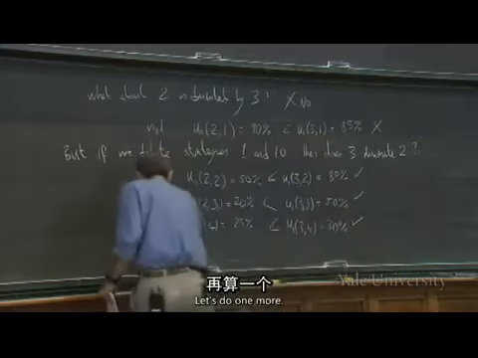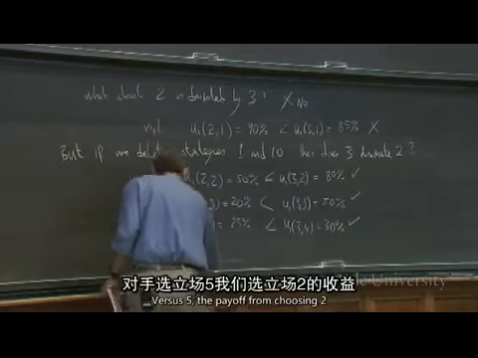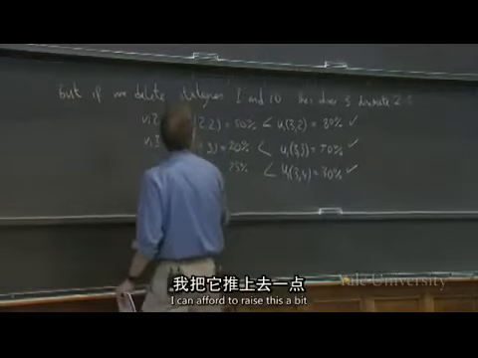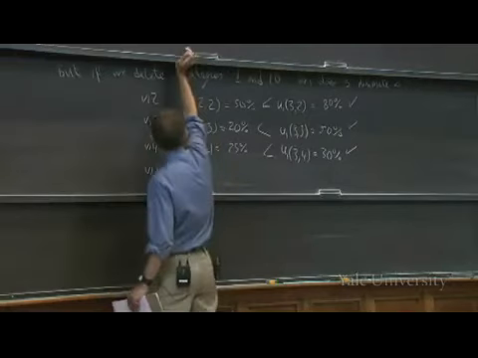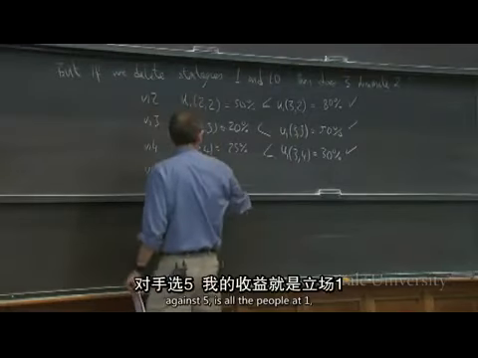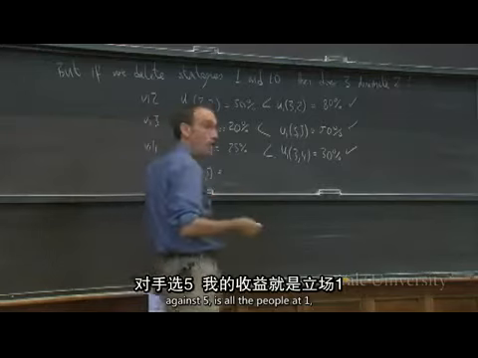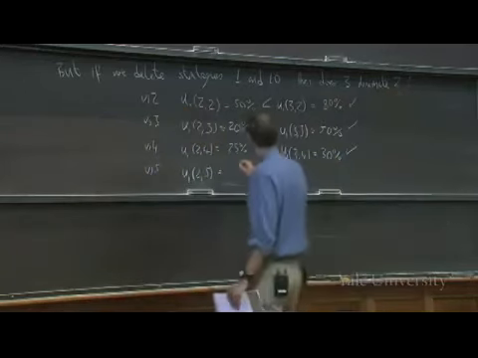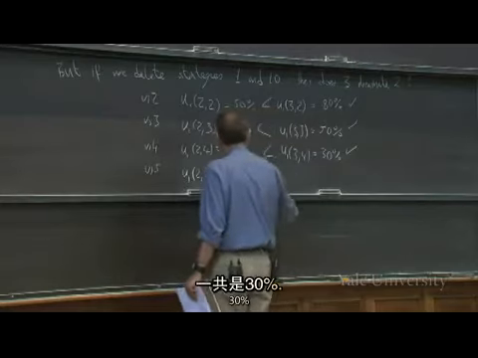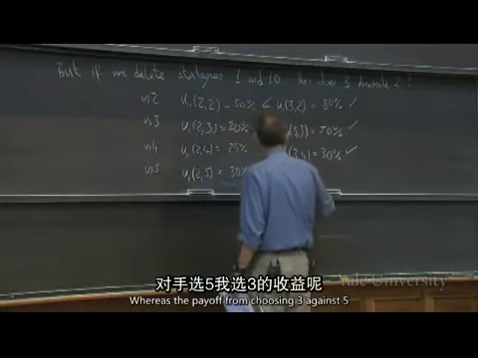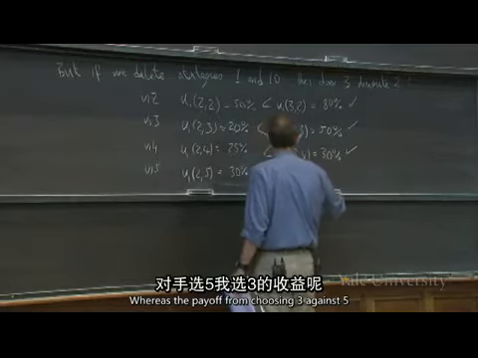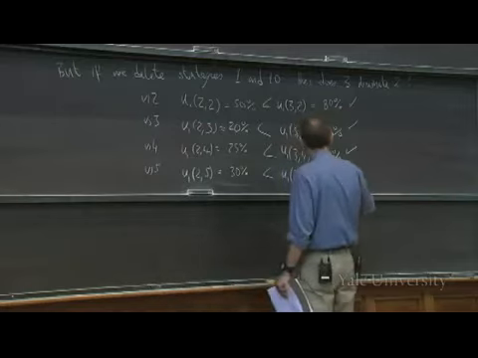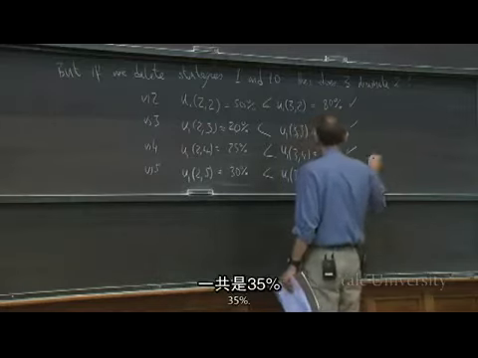Versus 5, choosing 2 gets all the people at 1, 2, and 3, which is 30%, whereas choosing 3 against 5 gets all the people at 1, 2, 3, and half the people at 4, which is 35%.